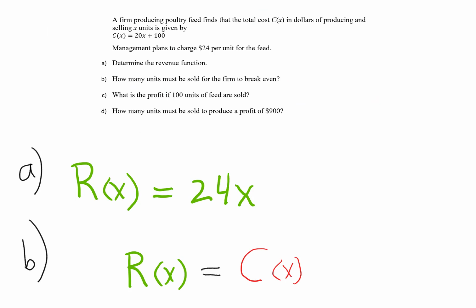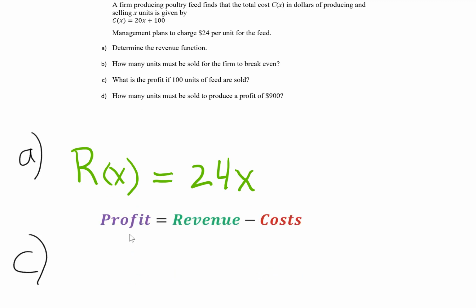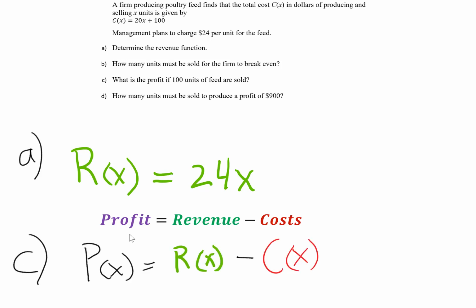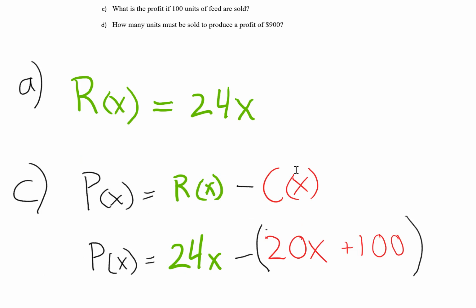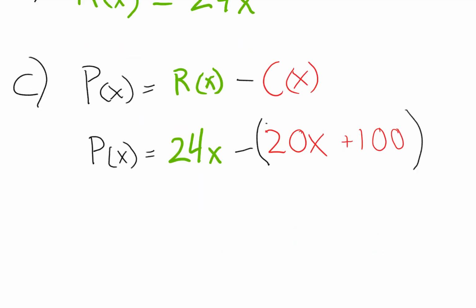Part C, what is the profit if 100 units of feed are sold? We know that profit is equal to revenue minus cost. So I'll need to build a profit function, which is equal to my revenue function minus my cost function. Since my cost function has two terms, make sure to put parentheses so that we don't misplace the minus sign. Let's go ahead and simplify this.